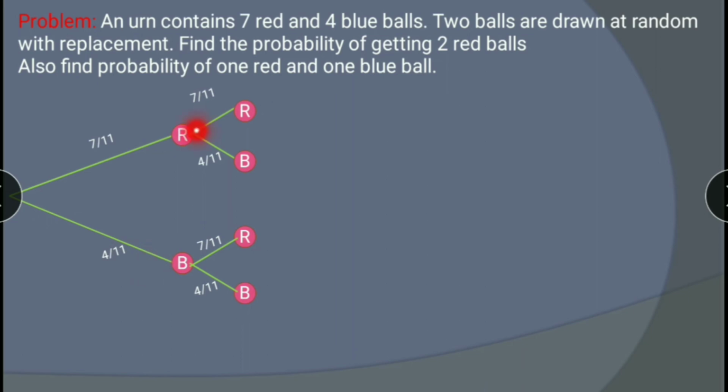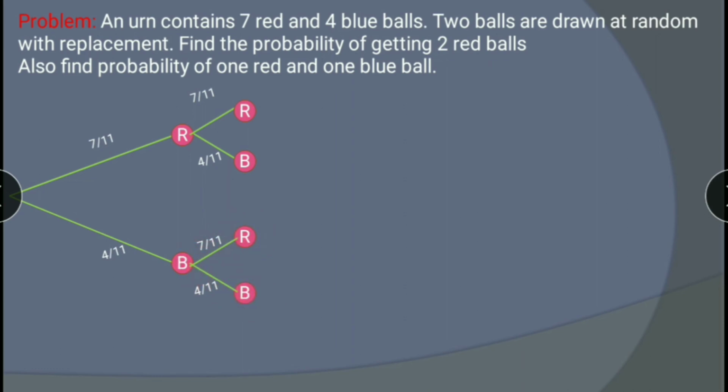Now in the second draw, if a red ball came out in the first draw, then a red ball can come out again, and it's with replacement. So once we take out a red ball, we place it back, so the number of red balls and the total number of balls will not change. So it will be again 7 upon 11, and blue balls will be 4 upon 11. Similarly, if a blue ball comes out first, then the probability of red ball in the second draw will be 7 upon 11 and of blue ball will be 4 upon 11.